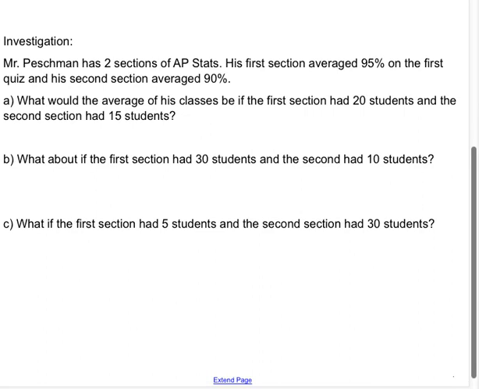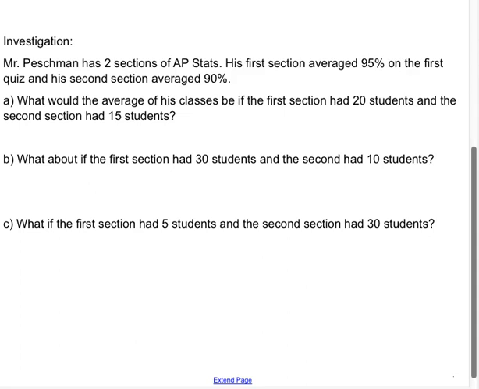All right, now let's do a little investigation. I have two sections of AP statistics. My first section averages 95% on the quiz. My second section averages about 90% on the quiz. Now, does this mean that my average is 92.5 for all my students?